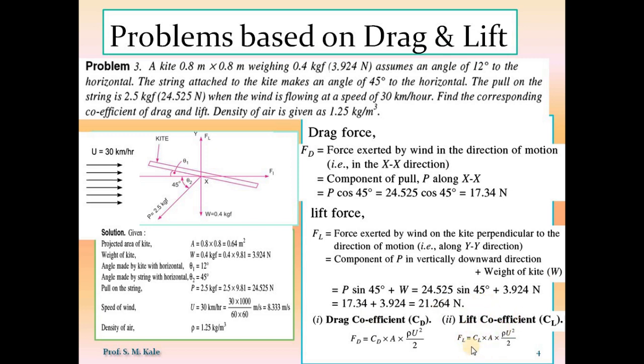Put all those values and I will automatically get the value of CL, that is the coefficient of lift. So in this way we can solve problems based on drag and lift, which is also called forces on submerged bodies. Thank you.